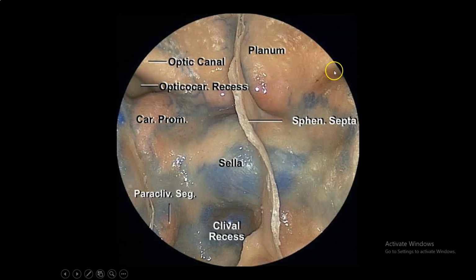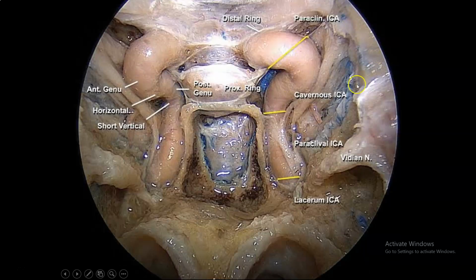On the left side, the lateral and the medial opticocarotid recesses are present here. A very nice view. The paraclival internal carotid, the lateral segment of the internal carotid, and then continues in the cavernous part. What is the cavernous part? The medial loop, horizontal segment, and anterior loop.